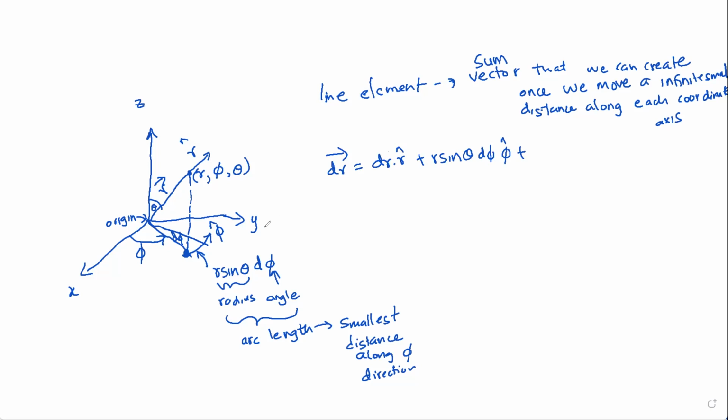Theta direction is measured from the z axis, right? So the theta we measure from the z axis towards the point of consideration. So we are considering this point, and we can measure distance.